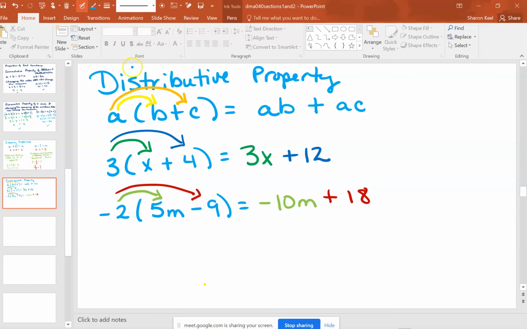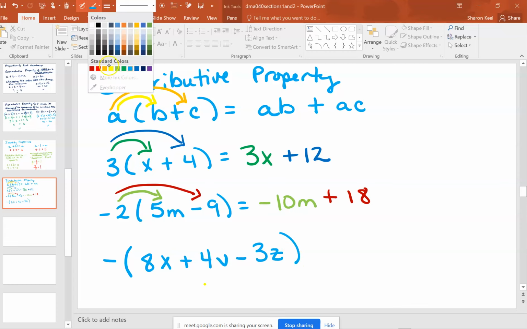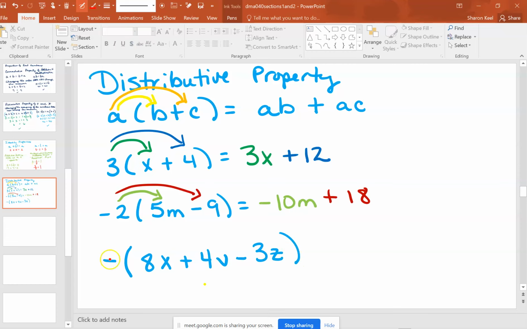Sometimes you may have a problem where there's just a negative sign in front of a parenthesis. We might have a negative sign in front of (8x plus 4v minus 3z). In this scenario, what happens is where that negative sign is, it's understood to be a -1. So we're going to distribute a negative times each term. Negative and positive gives me a -8x.